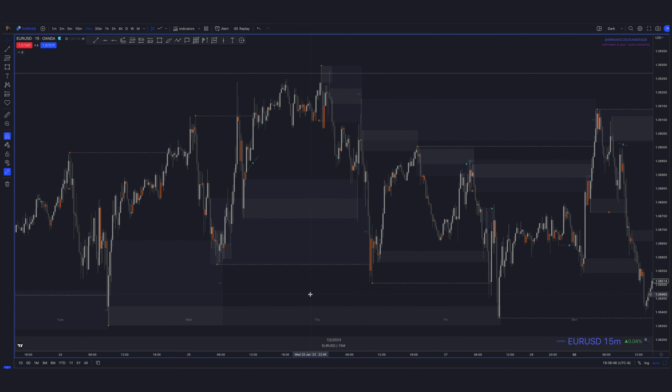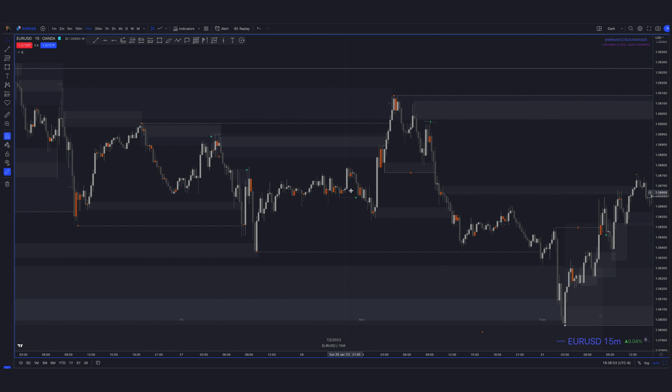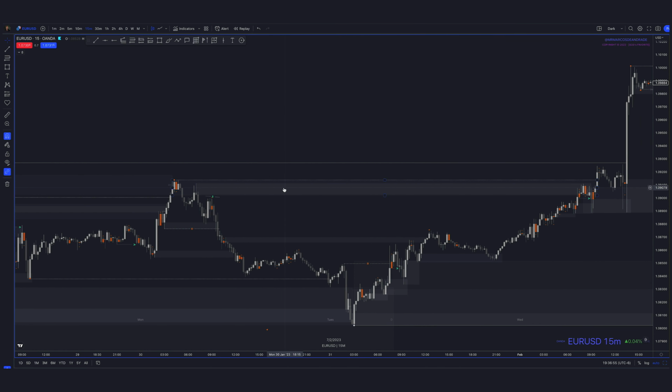Now you would have to do the whole analysis, but I'm just showing you some examples of what happened. Here we can see another inducement, but another thing, guys: every time there's inducement, price doesn't need to come here and beautifully give us an entry and go down.